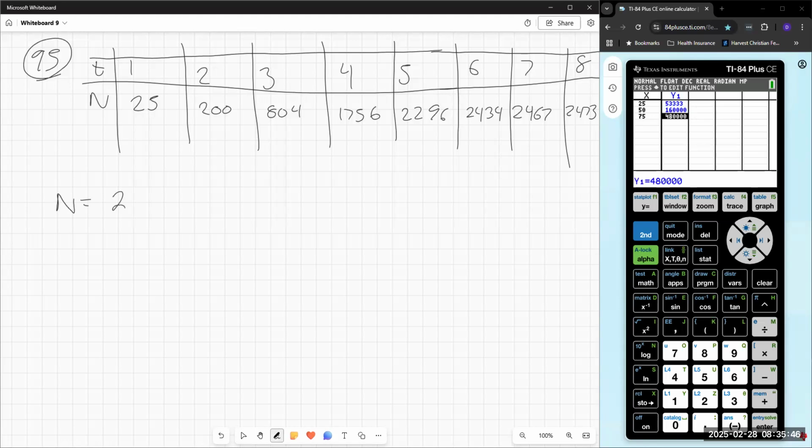So it can be modeled by this equation using statistics.